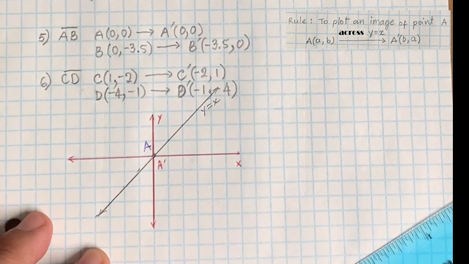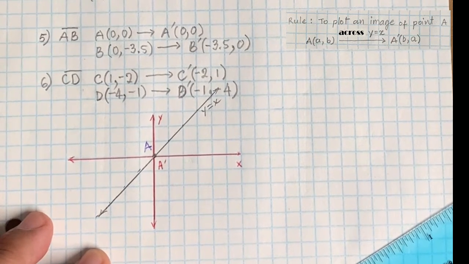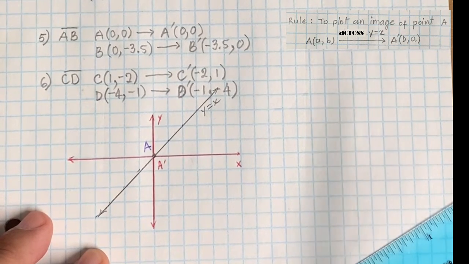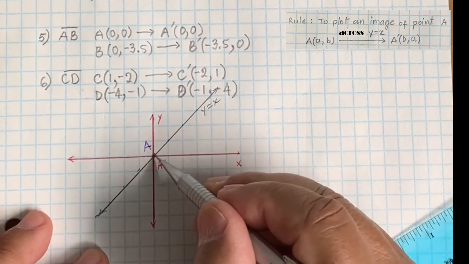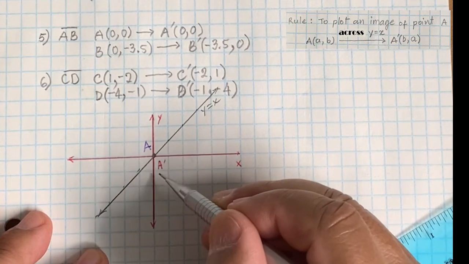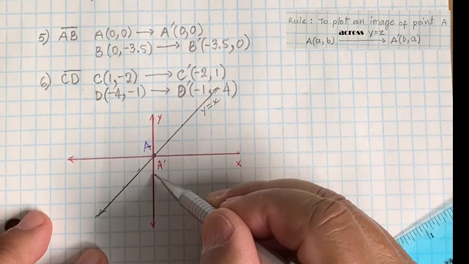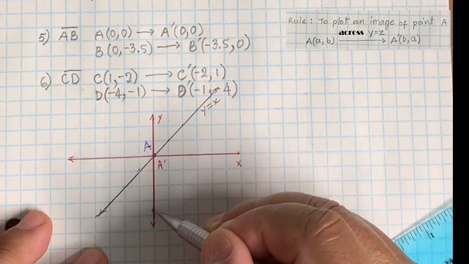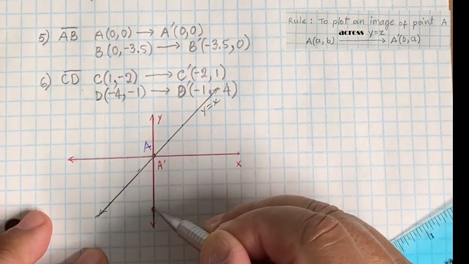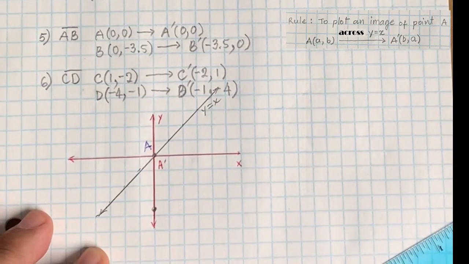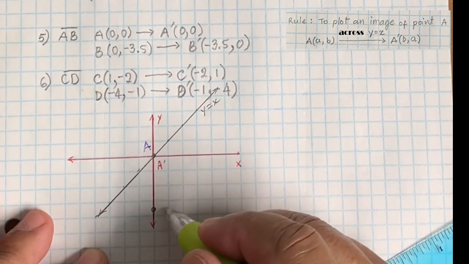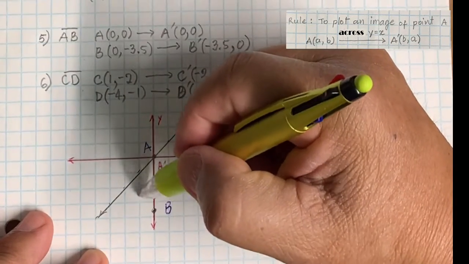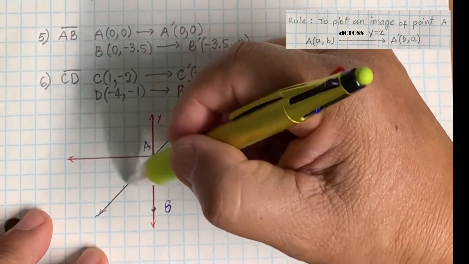Now B is (0, -3.5). So 1, 2, 3. So B is right here. Okay, that's B. B prime, if you want, you can draw a perpendicular line through this.